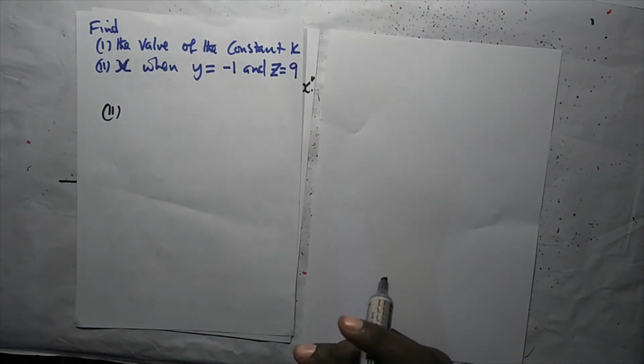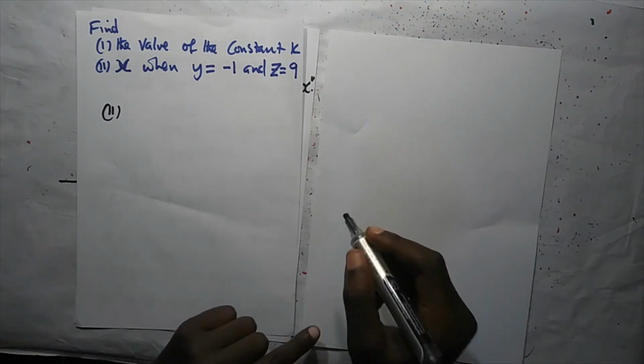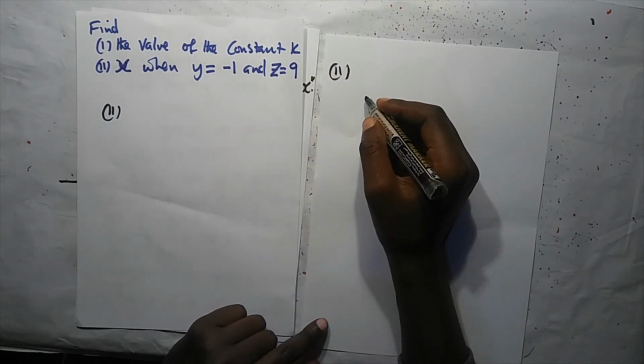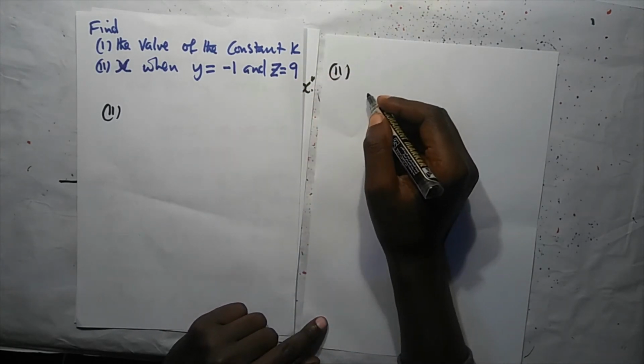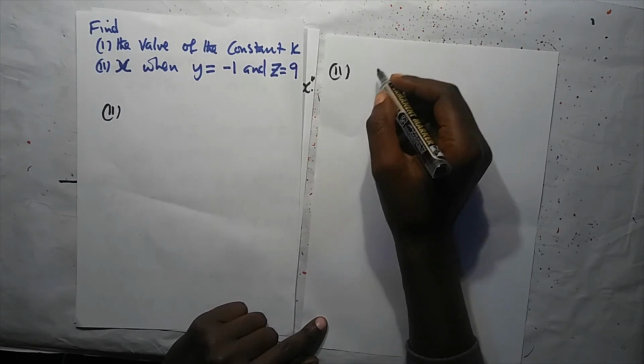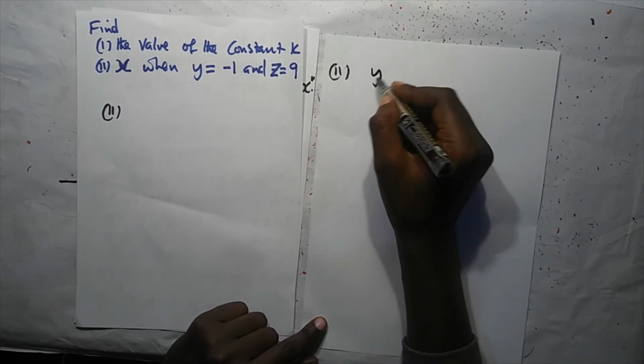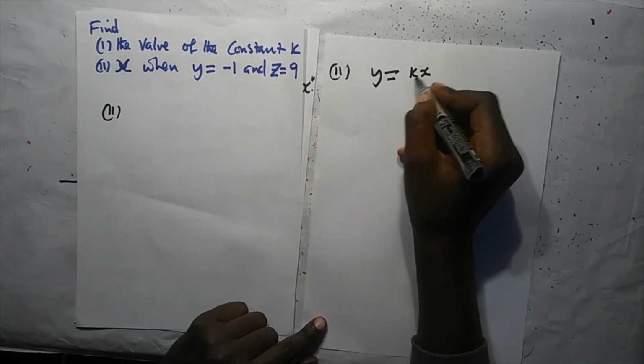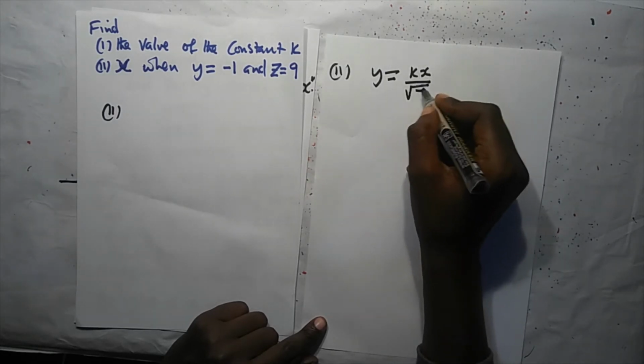Question 2 says find x when y is -1 and z is 9. So our equation is y is equal to kx over root z.